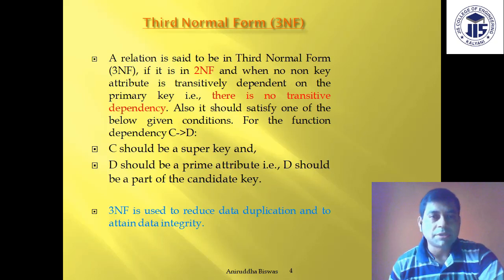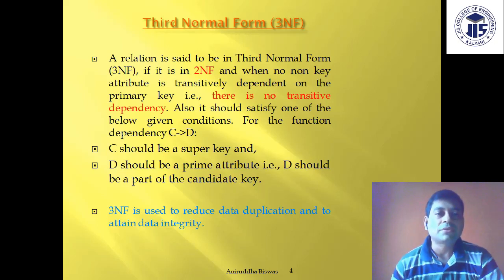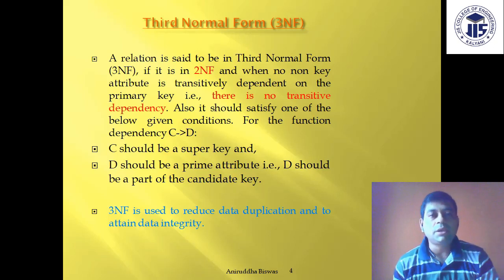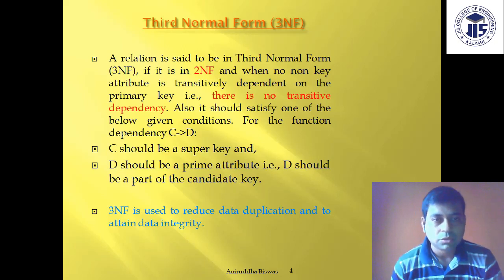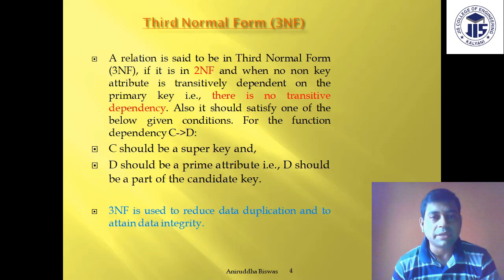In a database relation, after 2NF, the programmer or database administrator tries to convert the database into a 3NF compatible one. To make a relation 3NF compatible, we have to take care that it is already in 2NF.